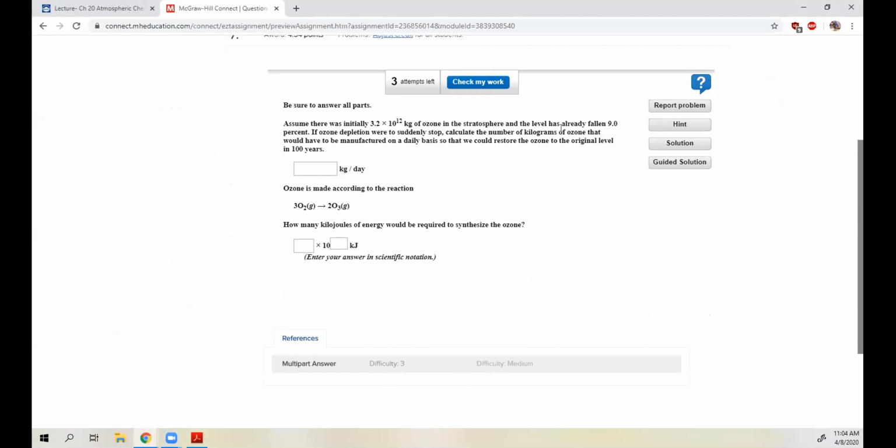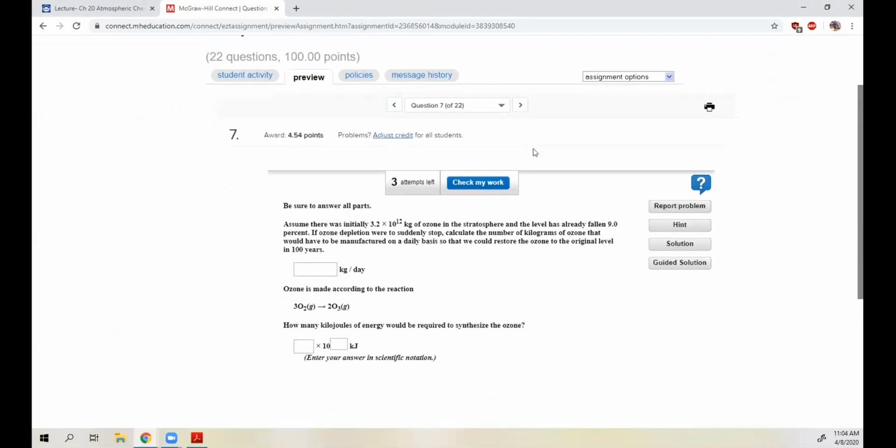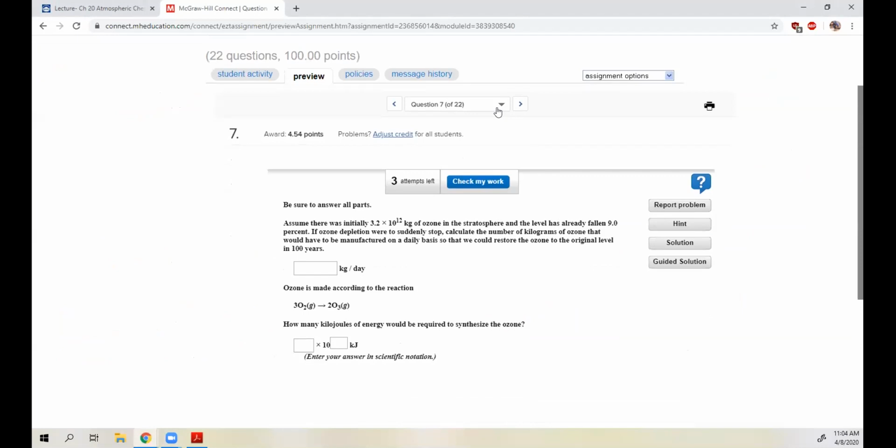So different people will get different ones. Like now it's 9%, right? And then you would just have to redo it. So the numbers do change, it's just that the process stays the same. Good question.